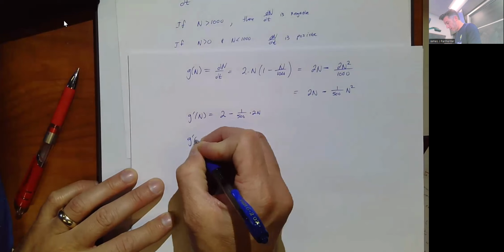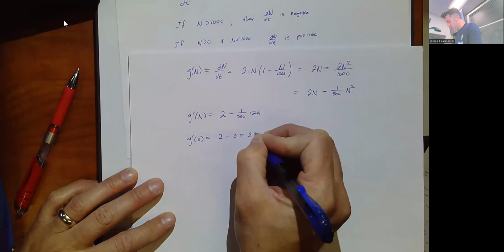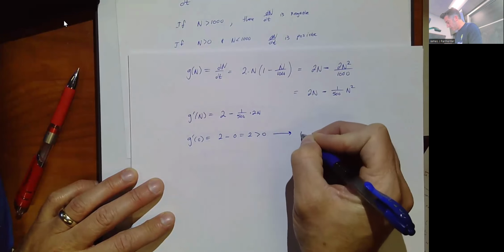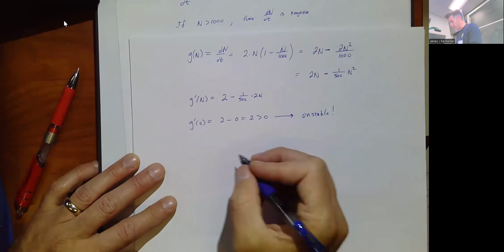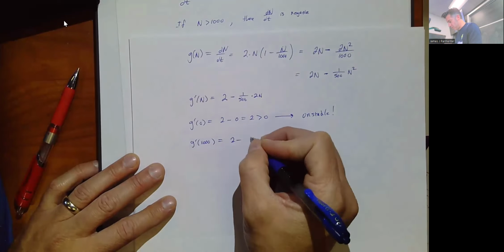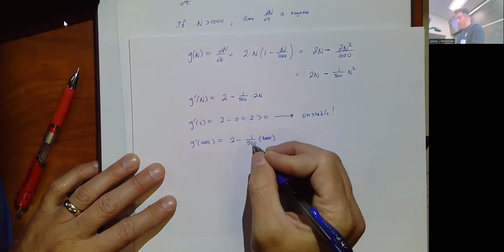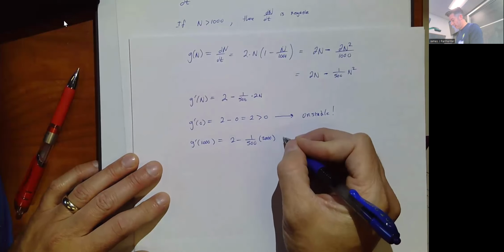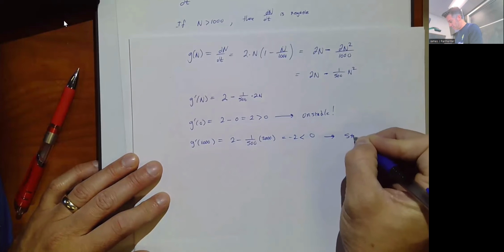So I plug in 0, I get 2 minus 0, which is 2, which is positive, which is unstable. If I plug in 1,000, I get 2 minus 1 over 500 times 2,000. 2,000 over 500 is 4. 2 minus 4 is negative 2, which is negative, which means it is stable.